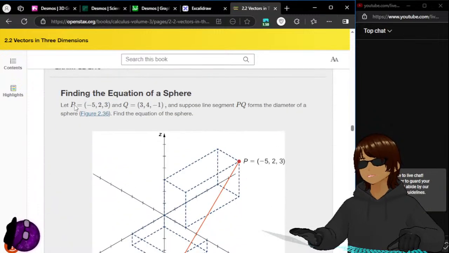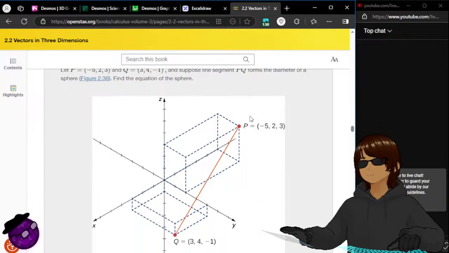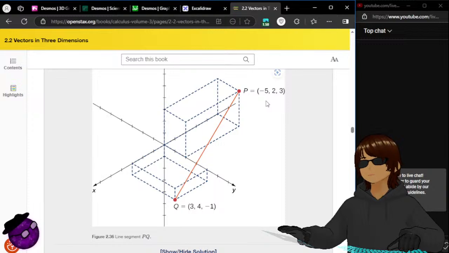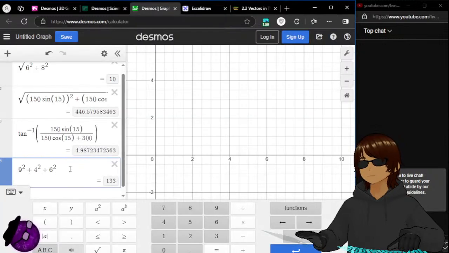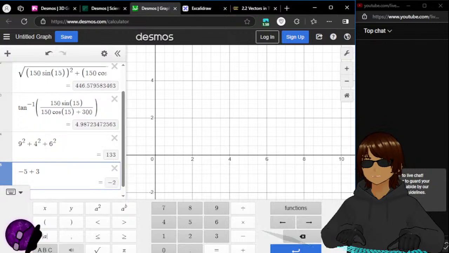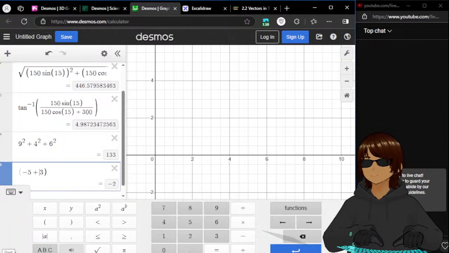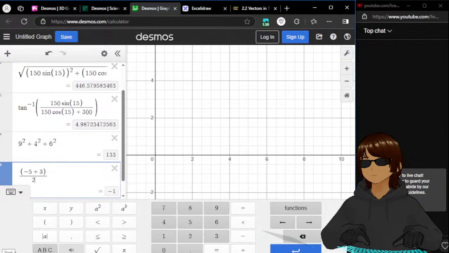Finding the equation of a sphere: let P and Q be points, and suppose line segment PQ forms the diameter of a sphere. Find the equation of the sphere. So this forms the diameter. I think we find the average point. So -5 plus 3 divided by 2, all that divided by 2 is -1.